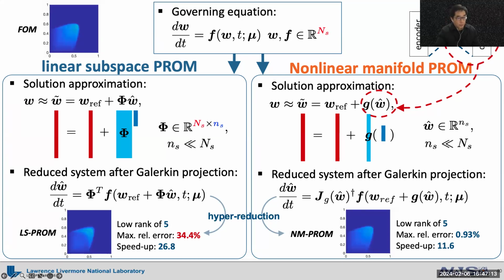Even if you use the same low rank of 5, a tremendous improvement in relative error is achieved, less than 1%. And hyperreduction becomes more important. So our group came up with hyperreduction techniques for this nonlinear manifold reduced model and achieved a speedup of 11.6.